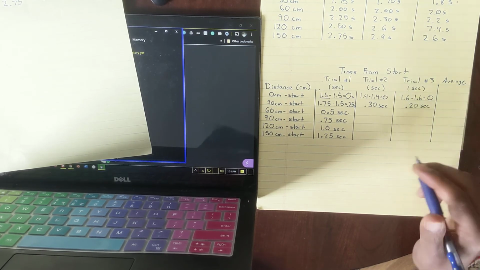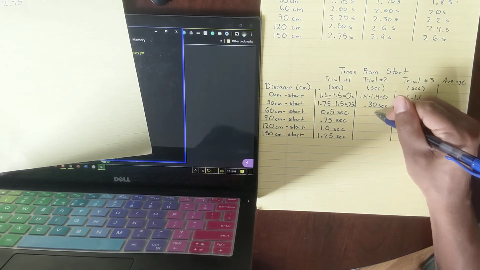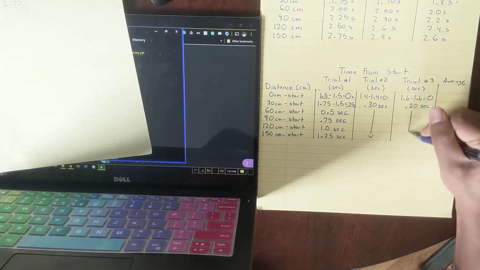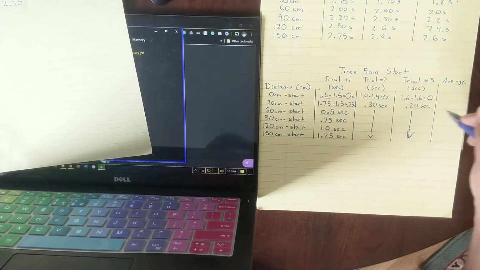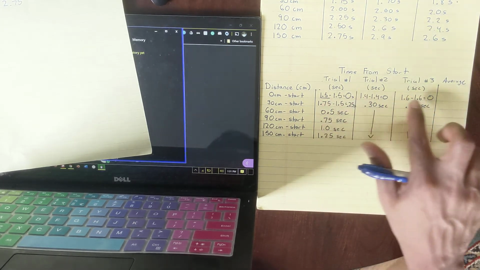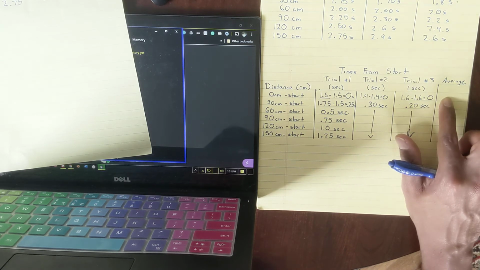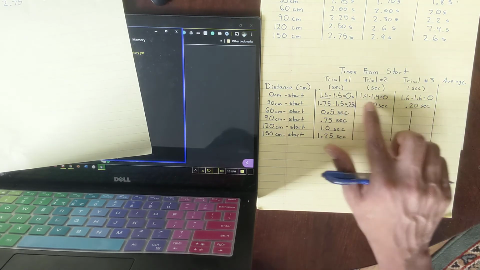All right. So after you've done that for every trial in every distance, you're going to want to calculate the average for the 3 trials now that you've made each one start at the same point, or at the same time, 0 seconds.